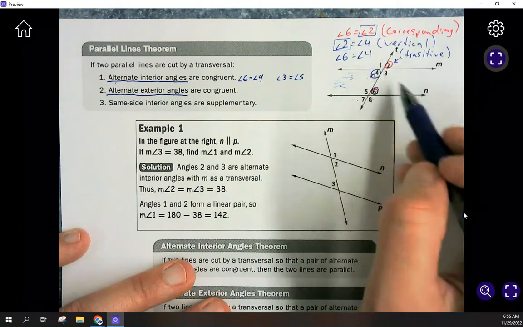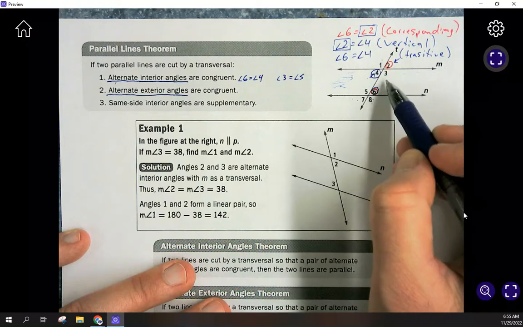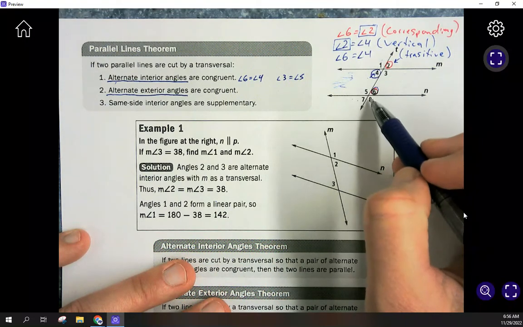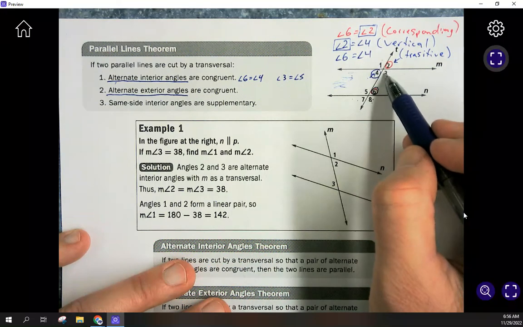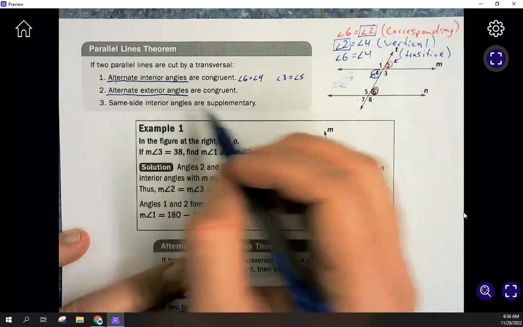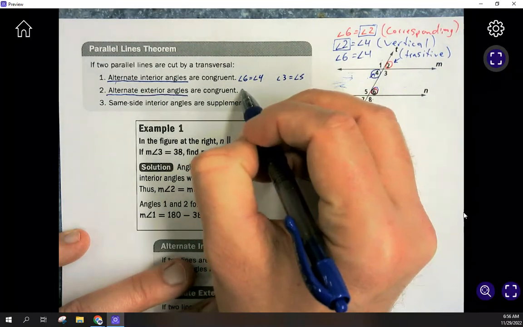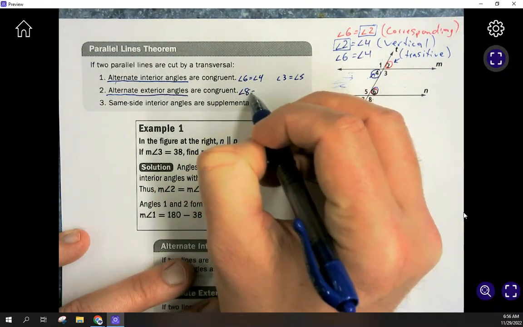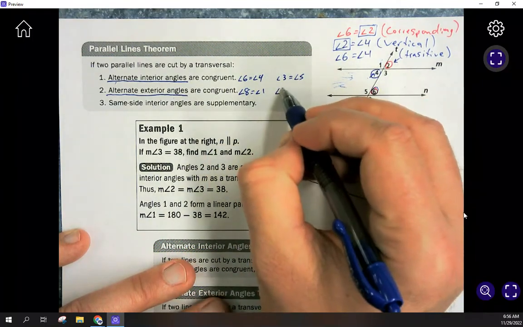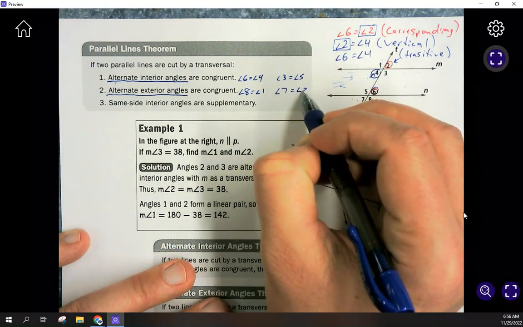If we go back to correspondings and verticals, 8 corresponds to 3. 3 is vertical to 1. So since 8 is equal to 3 and 1 is equal to 3, 8 and 1 are equal to each other. Okay, so alternate exterior angles are always going to be equal. So 8 equals 1, and the other ones are also equal. 7 equals 2.